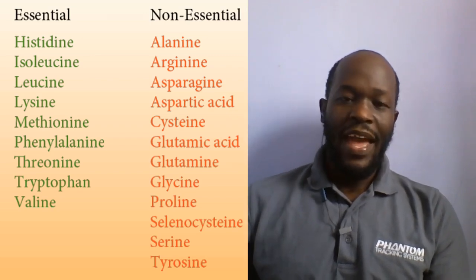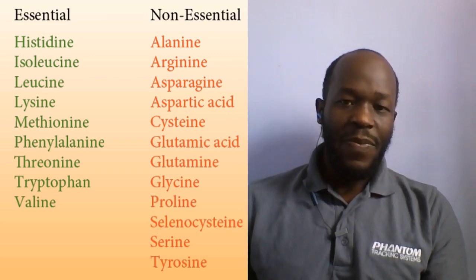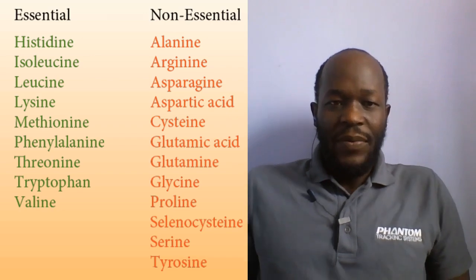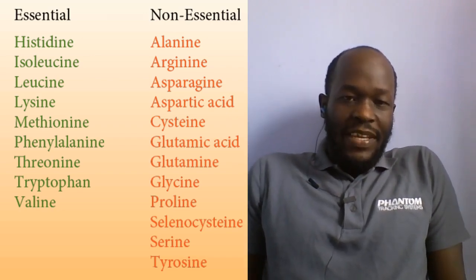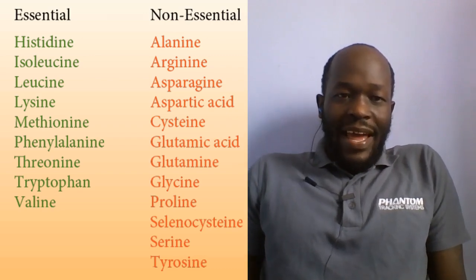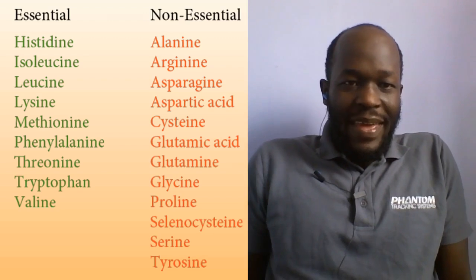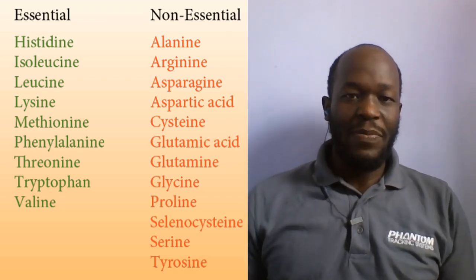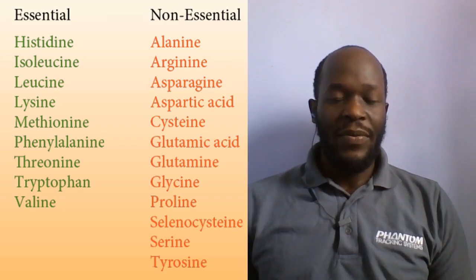For today, I wanted us to discuss the amino acids that exist, and later we shall classify them into various groups, including the aromatic ones, those that have a good smell. Okay, so we shall look at them.